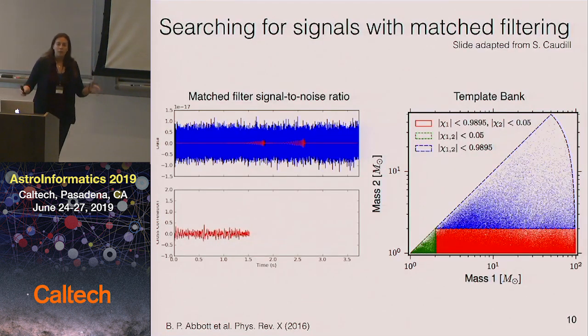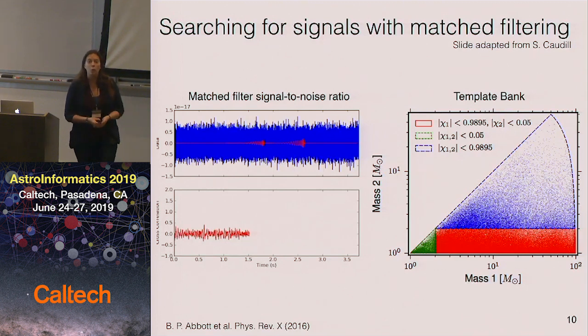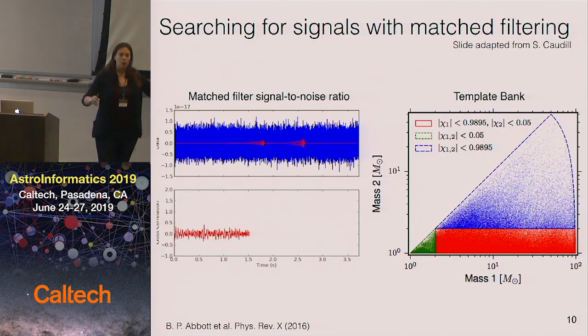Okay, so with all of that in mind, how do we search for signals in our data? And Vijay did a really beautiful job introducing templates and waveform approximants, so I'm going to glaze over that a bit and say that we build a bank of waveform templates. So here's a template bank from O1 that's projected onto the basis of what we call mass 1 and mass 2.